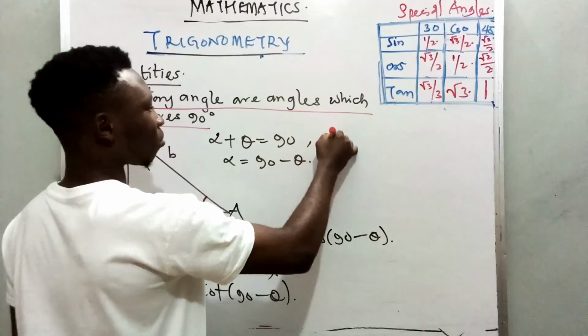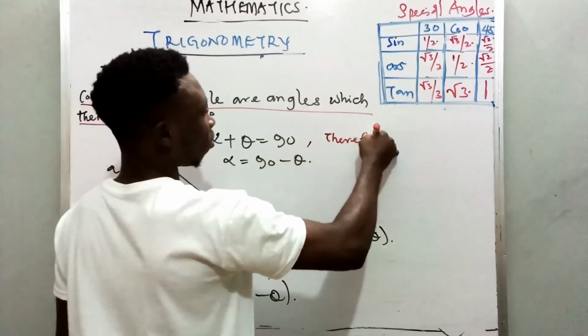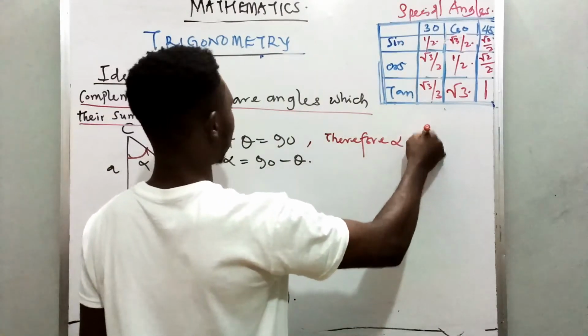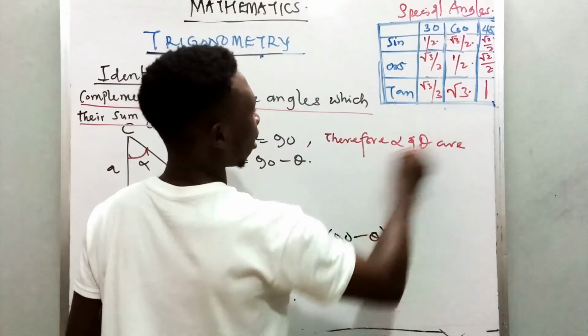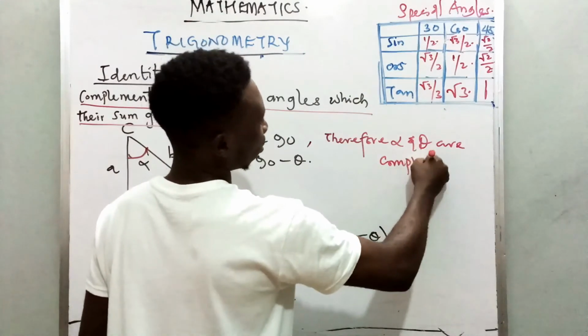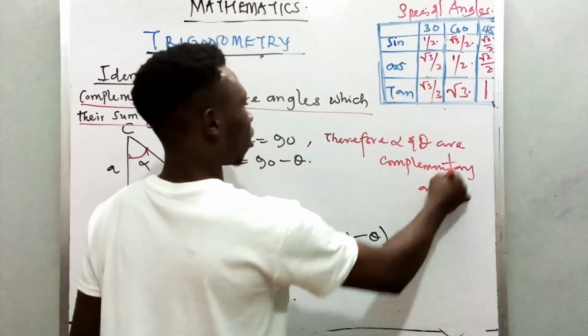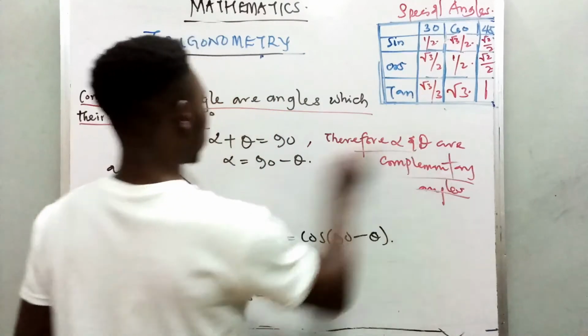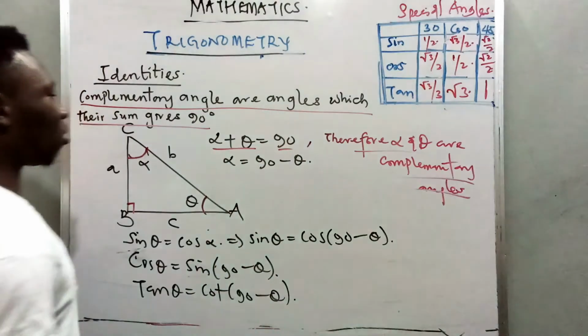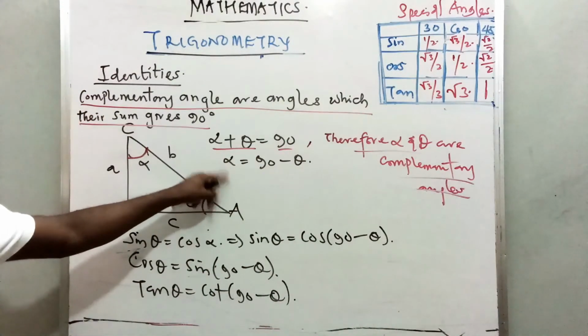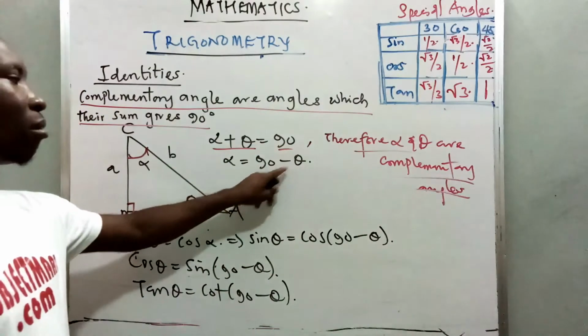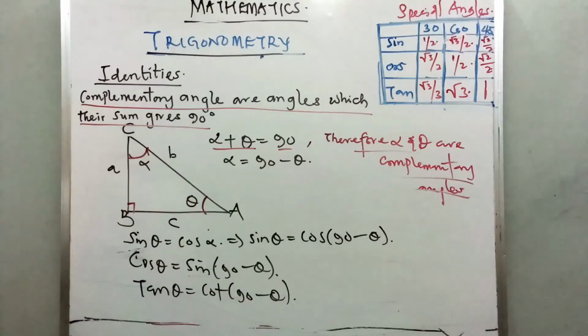So, therefore, alpha and theta are complementary angles. They are complementary angles because their sum gives 90 degrees. So at this junction, alpha is now equal to 90 minus theta.